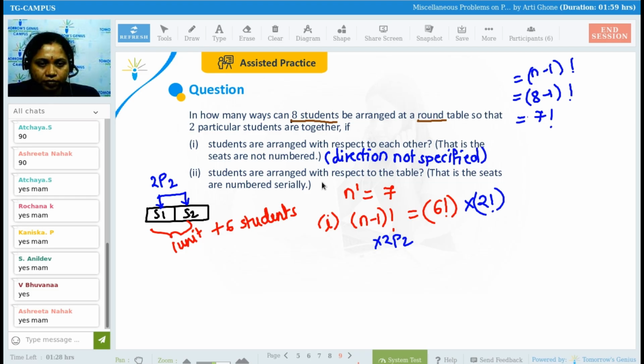Okay, cleared? Now, next one: students are arranged with respect to the table, and the seats are numbered serially. What will be the answer?